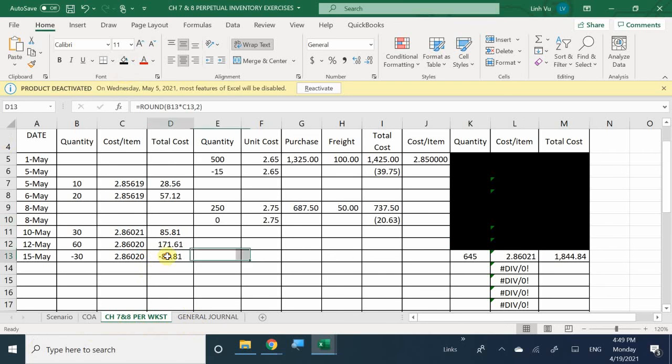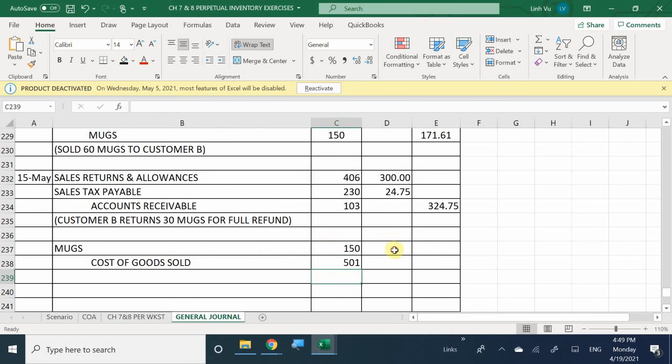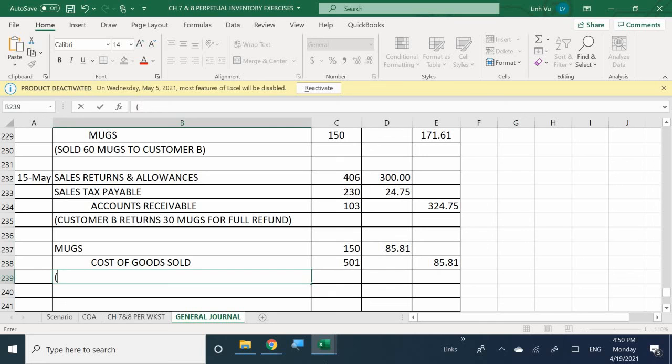And once again, the number that we're looking for is my 8,581. So make sure you journalize the 8,581 as the items that you put back, and that's how much it costs you to put back. I'm also going to indicate that this was customer B returned 30 mugs.